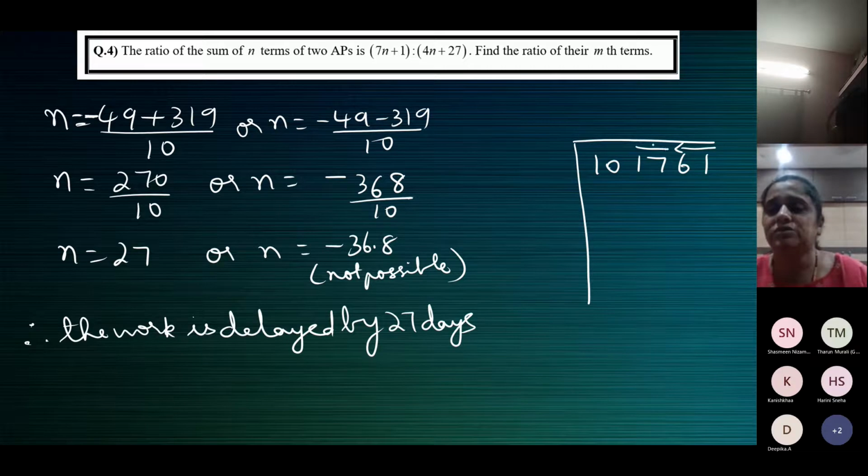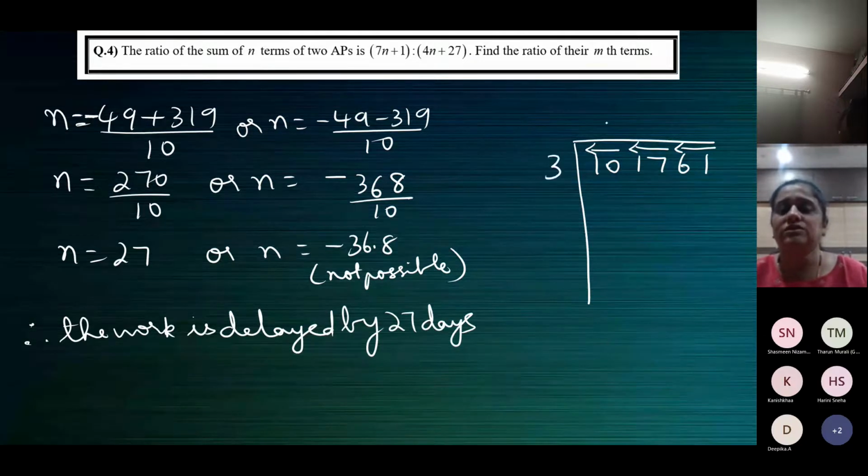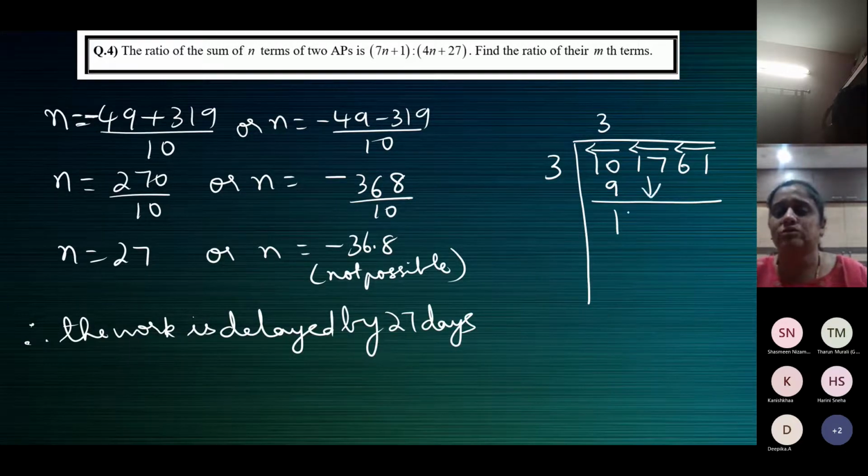Group the digits in twos from behind. Then 3 3s are 9. 1 is the remainder. The next pair comes down. Double the quotient. Whatever digit you place here, you must place the same digit here.